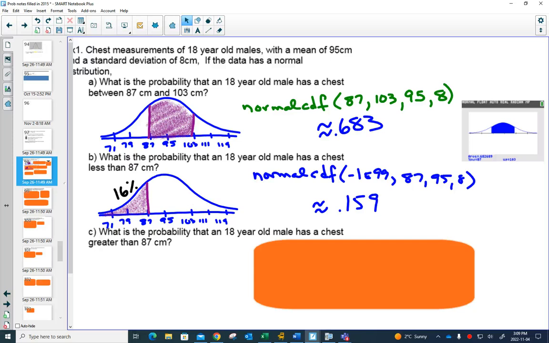So if we look at chest sizes, and we have 95 centimeters, yes, I did steal these from IKEA, but I asked first. So there's our average, 95.